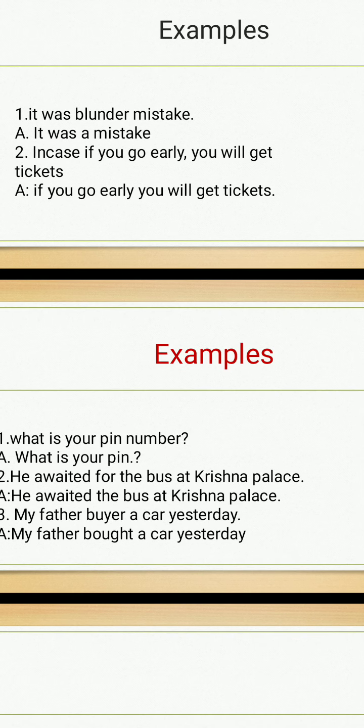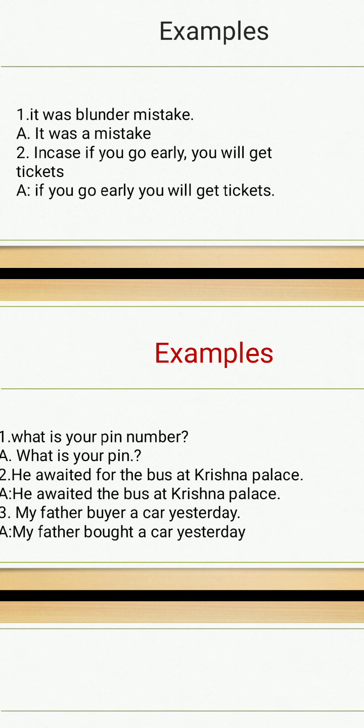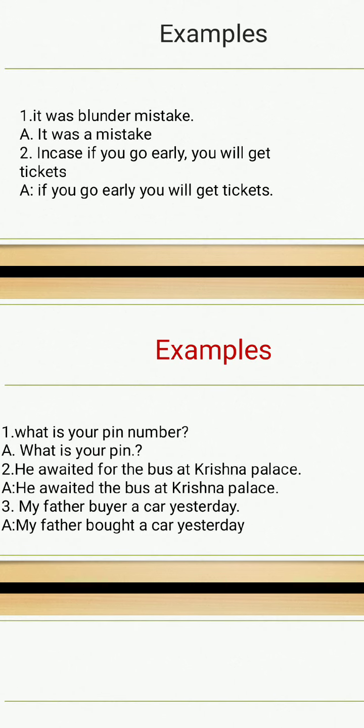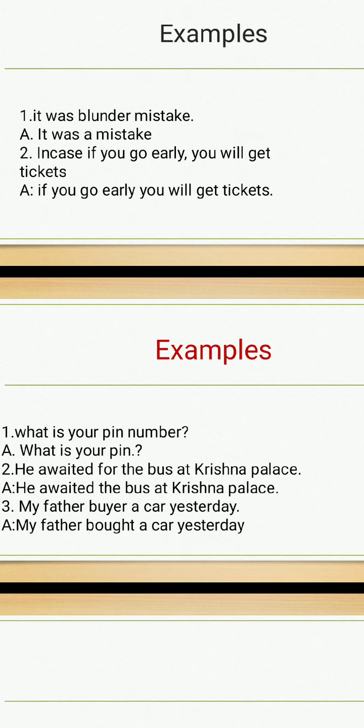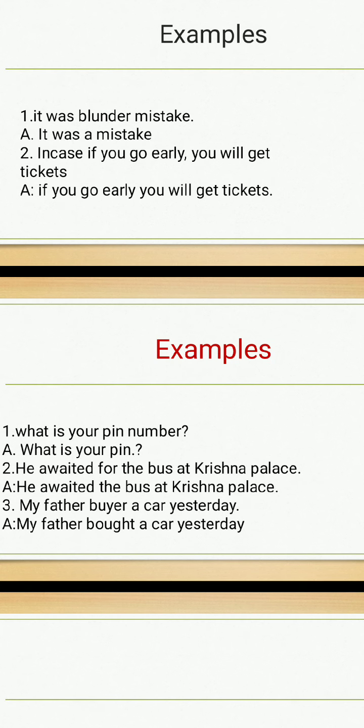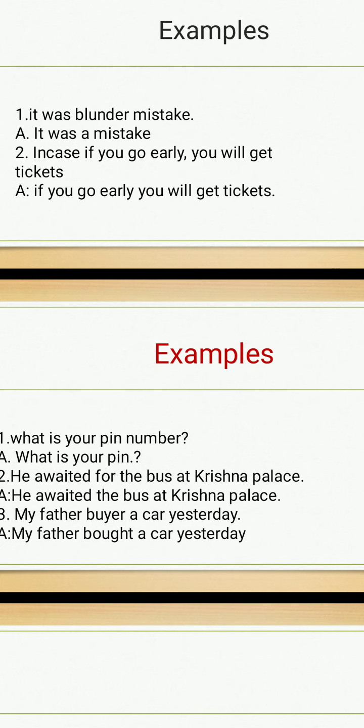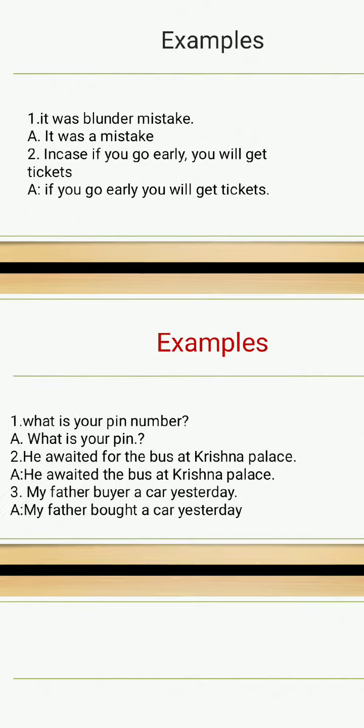Blunder and mistake, these two words give the same sense, and you are permitted to use any one of these two, but you are not supposed to use both words in one sentence. So based on that, the first one is it was a mistake, or it was a blunder. If you write either the first one or the second one, both are accepted, but you should not use blunder and mistake one after another in a sentence.